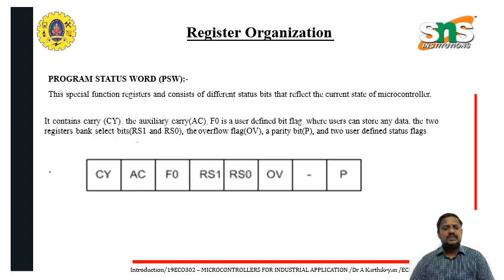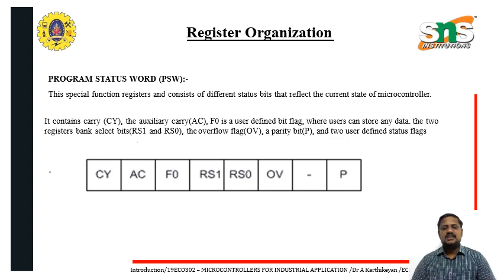Mainly in the register organization there is the PSW, the program status word, a special function register that holds the different status flags reflecting the current state of the microcontroller. It contains the carry flag CY, the auxiliary carry AC, and F0, a user-defined flag bit that can be used to store any data. RS1 and RS0 select the register bank.